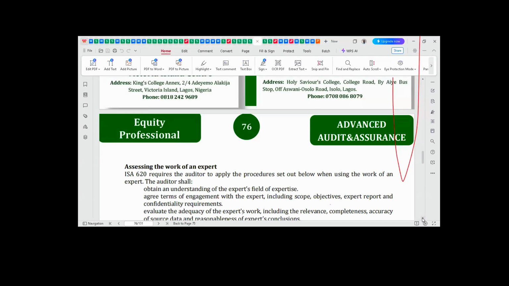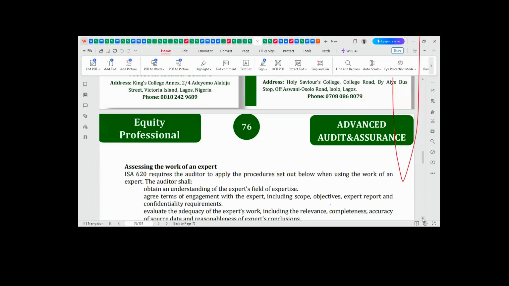Okay, so when the auditor has finally engaged the expert, these are the performance indicators you'll be able to use to assess the competence of the expert.